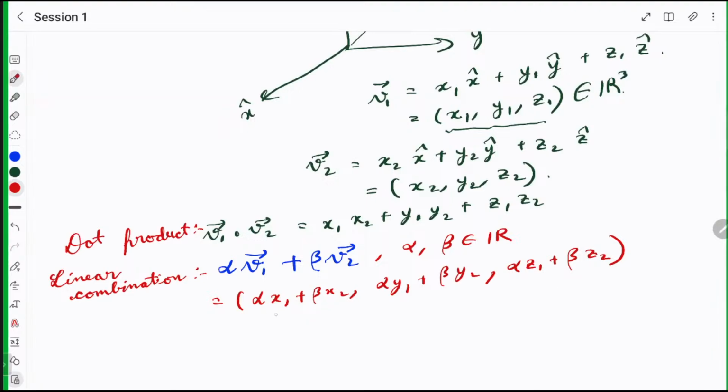So if x1 and x2 are real numbers, alpha and beta are real numbers, then alpha x1 plus beta x2 is again a real number. If y1, y2 are real numbers, alpha, beta, so like that. So all these three are again real numbers. So they are again part of the vector space, or let's say space R3.